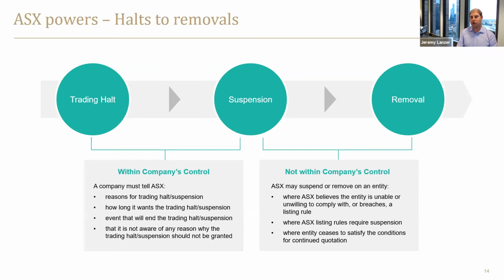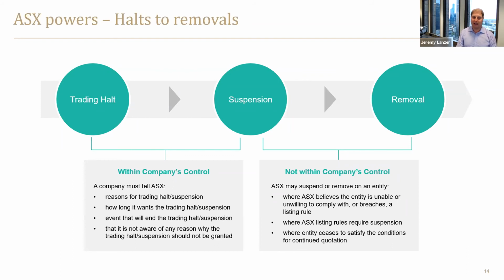And then there are tools that are, of course, available to ASX as the market regulator as well. They might decide that for whatever reason, they don't think your shares should be trading because the market's not informed, and they may put you into a trading halt or into a suspension, and then request from you that you provide an update to the market, and they'll only remove you from suspension when they are satisfied that the information in the market is now complete enough for the market to be able to trade on an informed basis.